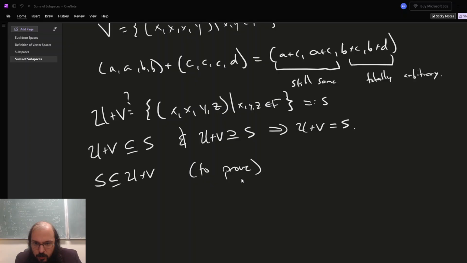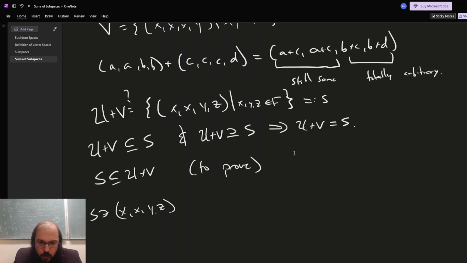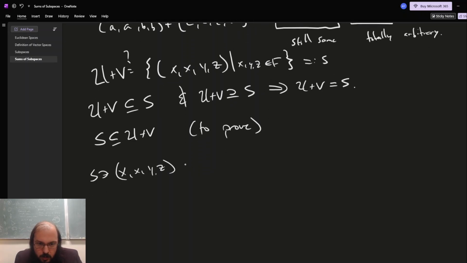So here's how I'm going to do that. Let's say I have an element (x, x, y, z) in S. In U, the first two things are equal. So how about I start with (x, x, y, y)?